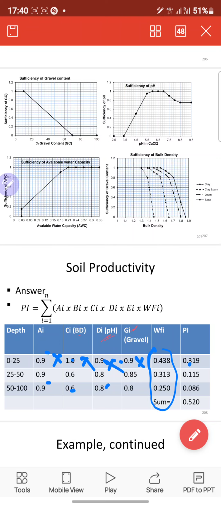Then you add all those 3, or whatever number you have, to come up with the overall productivity index. Now this is more like a percentage. It gives you the yield that you can get from the maximum expected yield per hectare.